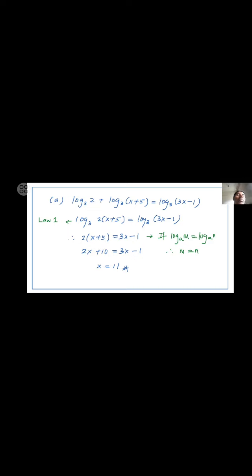If we apply the product rule, we can write one base, and the logs are in product form, that is log 2 into x plus 5 to the base 3.